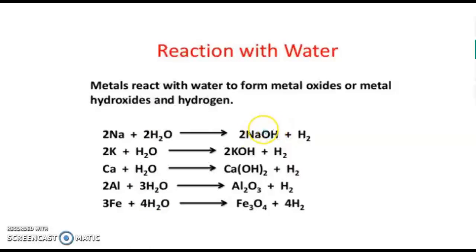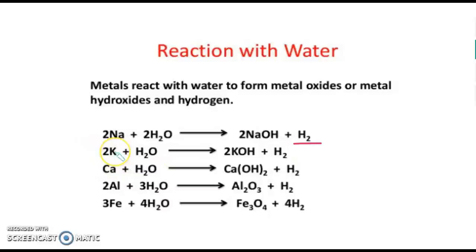And what do they give? They give you metal hydroxide. OH means hydroxide. Let's take the first example. Sodium combines with water to give sodium hydroxide and hydrogen.